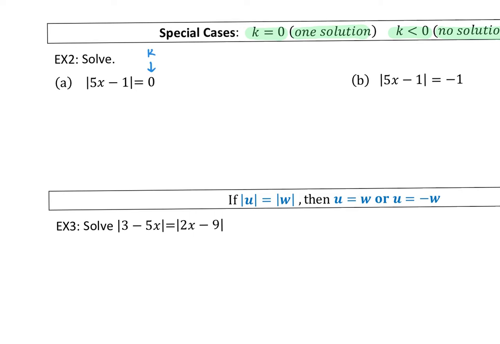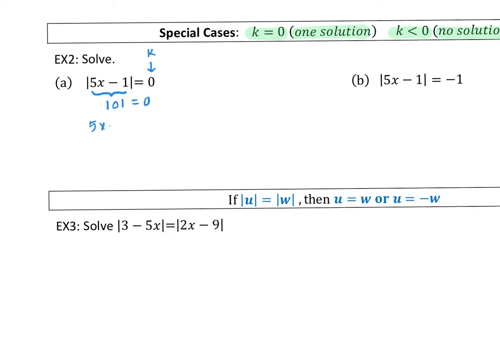However, if I did try to use that property and just set this equal to the positive 0 and equal to the negative 0, positive 0 is 0, negative 0 is 0. So really all you're doing is trying to figure out when 5x minus 1 is equal to 0, because the only solution is the absolute value of 0. That's our only solution here.